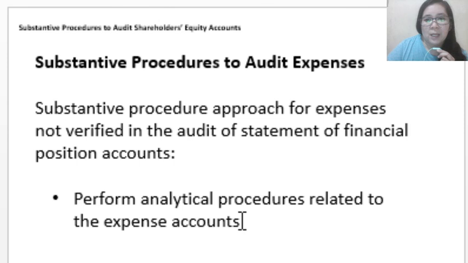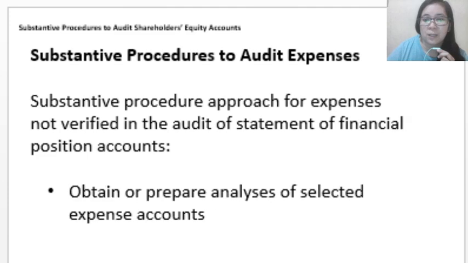Another is the auditor can also perform analytical procedures related to expense accounts, again using non-financial data to corroborate with the financial information related to these transactions. And he can also prepare analysis, just like in the audit of revenue or income, like the analysis of the allocation of depreciation, interest expense, and so on, or amortization table.